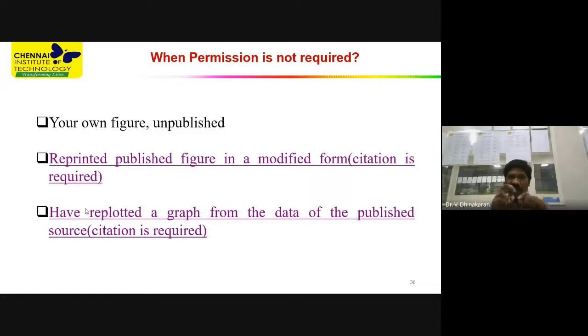Then if you have plotted a graph from the data of published sources, they may have given some published data and they have given plots. If you take the data and plot the figure in a different way, then you do not need to get permission from them.